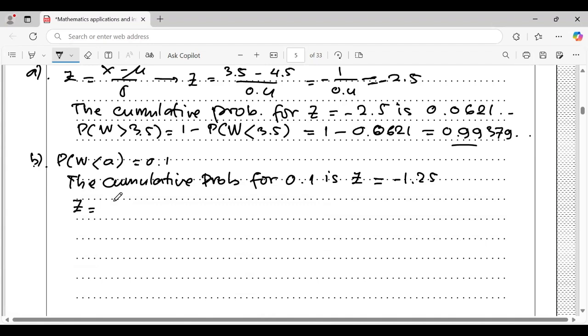So based on the z formula, z equals a minus mu divided by standard deviation.